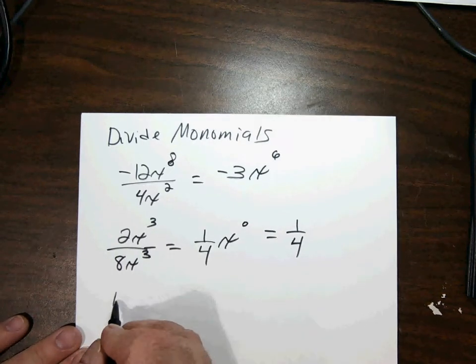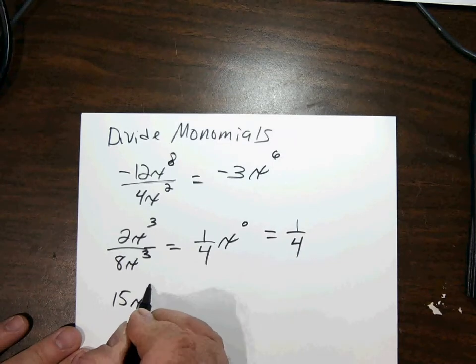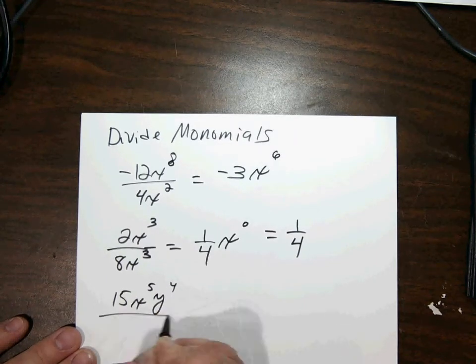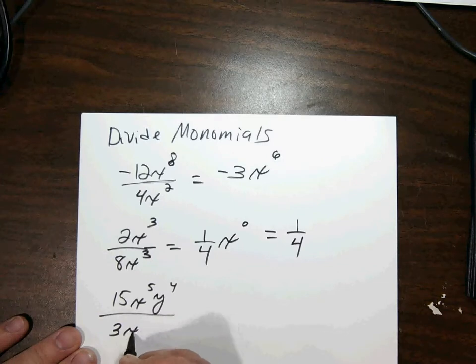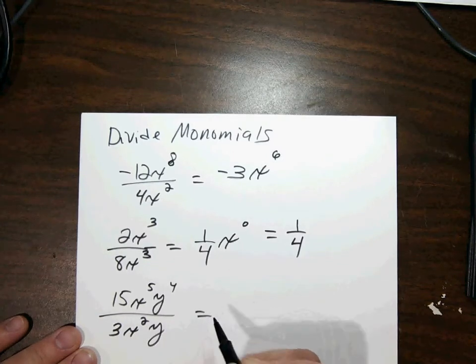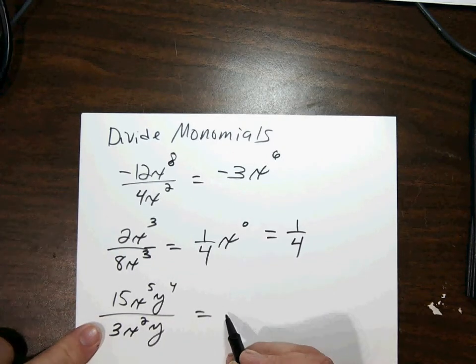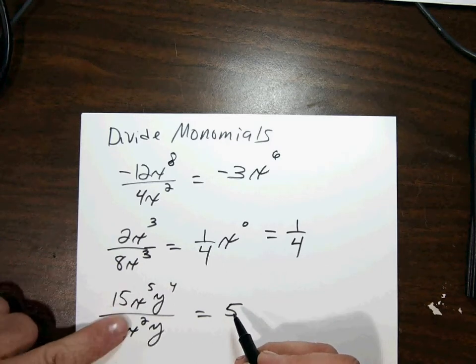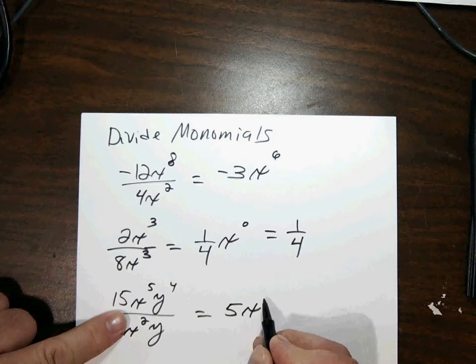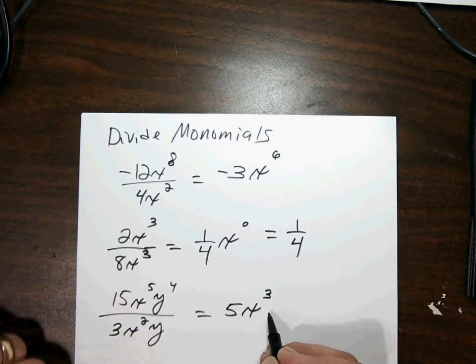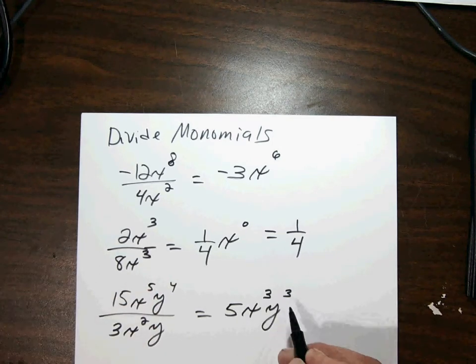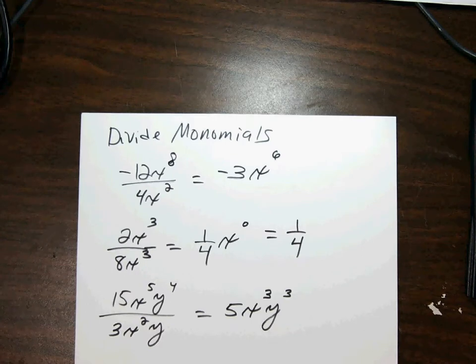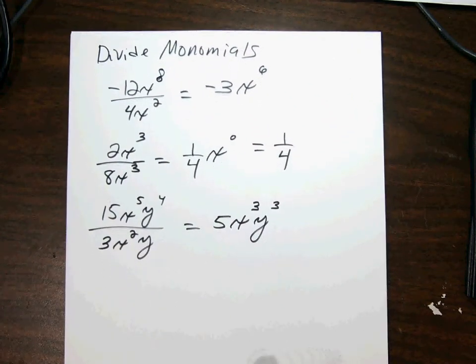How about 15x to the 5th, y to the 4th, divided by 3x squared y. The 15 divided by 3 is 5. The x's divide here, so it's going to be x cubed. And the y's divide, it'll be a y cubed also. Dividing monomials. We good with that?